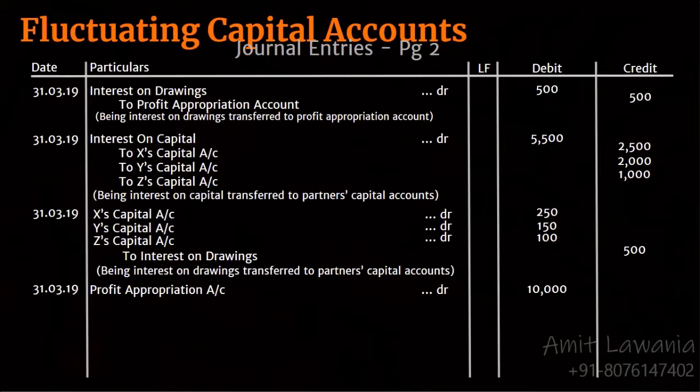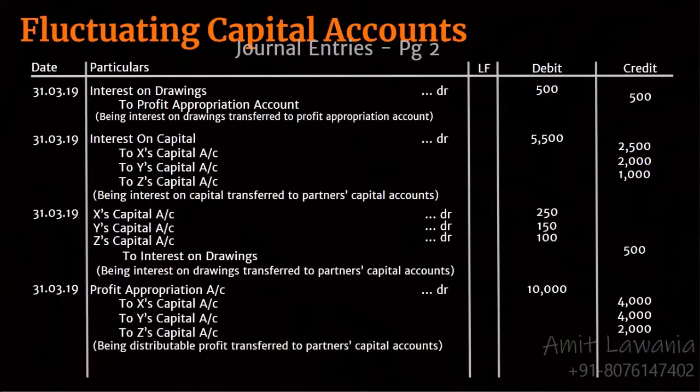Well, anyway, distributing this profit of 10,000 in the ratio of 2:2:1 for X, Y and Z with the narration. Here I would like to mention that except the profit that we bring down to the profit appropriation account, all the other entries in the profit appropriation account have to be transferred to the partners' accounts.